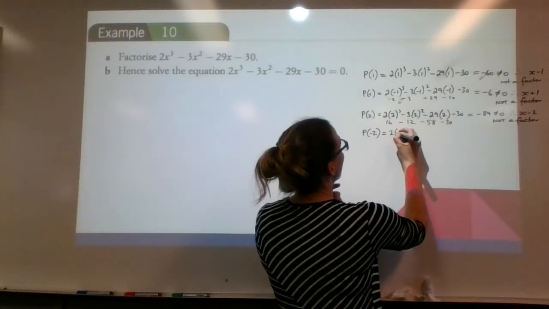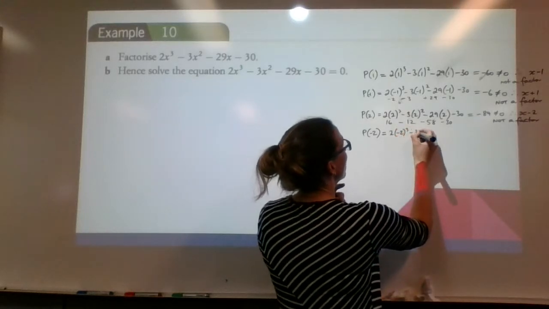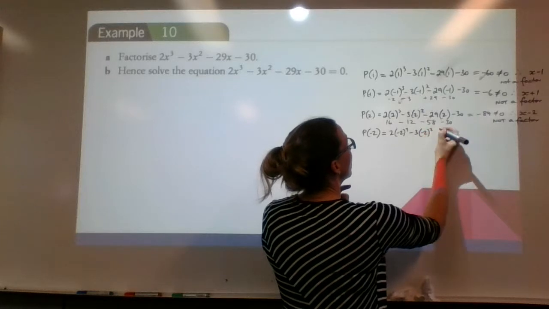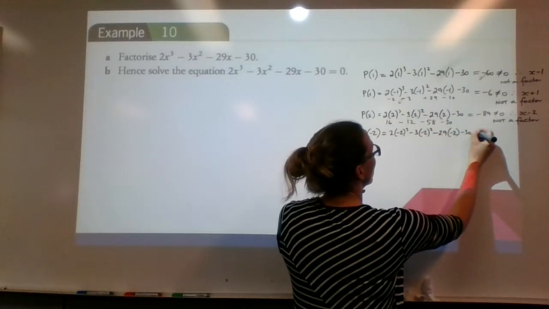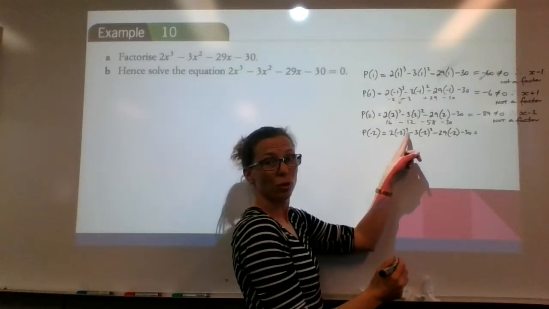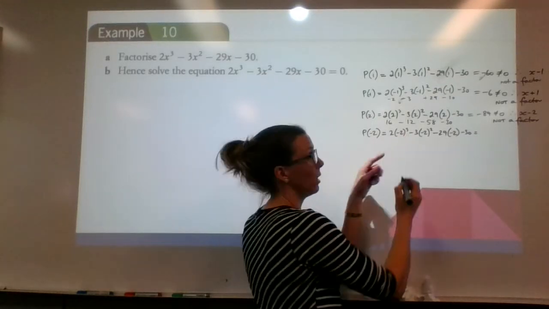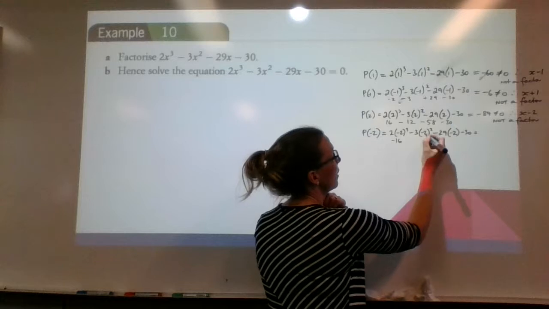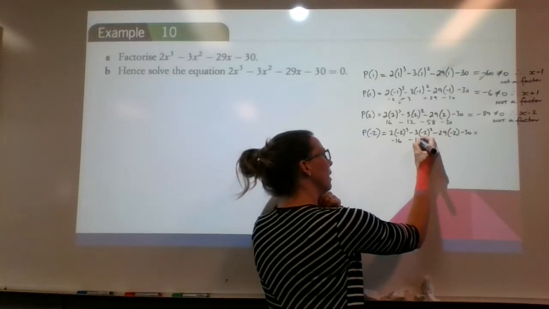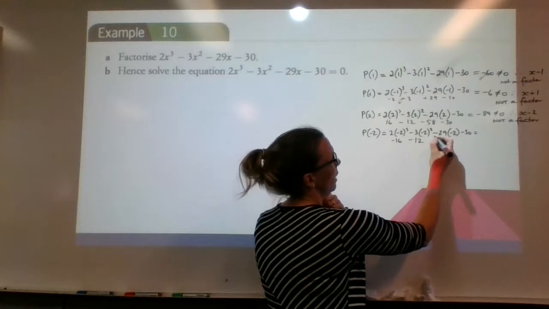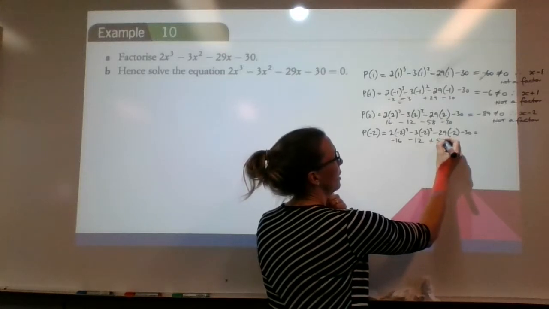So 2 lots of -2 cubed. All right, so -2 cubed is -8. -8 times 2 is -16. -2 squared is 4. Times by that is -12. Negative times negative is positive 58.